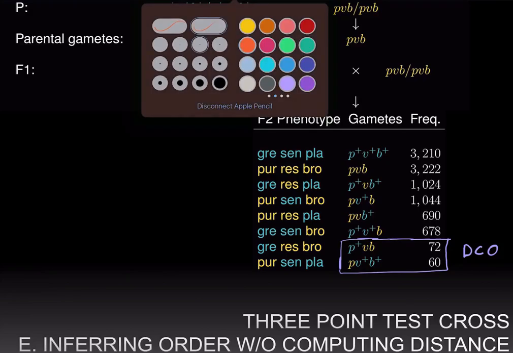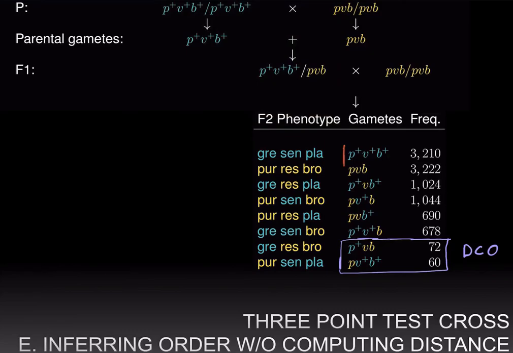Similarly, you always have two genotypes that are the most abundant, and you can infer that those are the parental genotypes, since even a single crossover is a relatively unlikely event. The parental genotypes are always the most abundant.